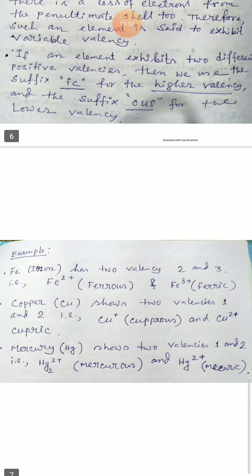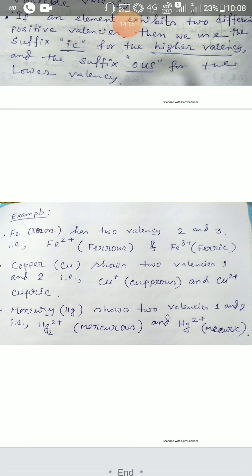Some examples of variable valencies. Fe has two valencies, 2 and 3, that is Fe2+ ferrous and Fe3+ ferric. Copper shows two valencies, 1 and 2, so Cu+, cuprous, and Cu2+, that is cupric. Similarly, mercury shows two valencies, 1 and 2.